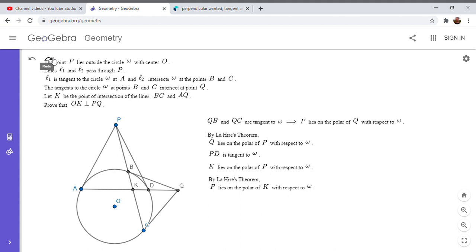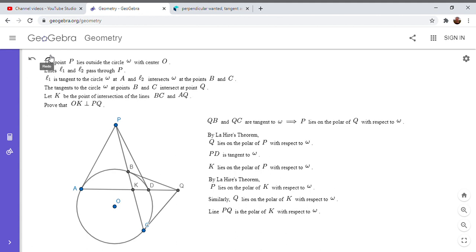And then similarly, K lies on the polar of Q, so Q has to lie on the polar of K. Okay, so both P and Q lie on the polar of K with respect to the circle. And so that means the line PQ has to be the polar of K, because if both of them lie on the polar, well, there's only one line through 2 points. So line PQ is the polar of K with respect to omega.